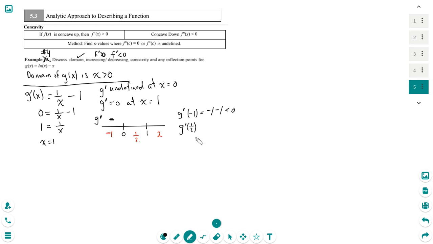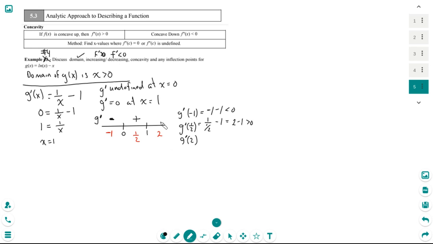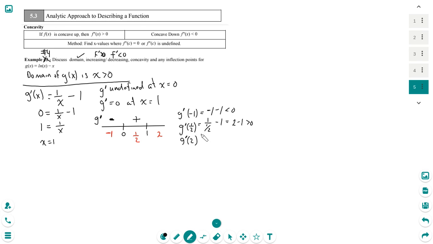That's going to be 1 over 1/2, and then minus 1, which is 2 minus 1, well, that's greater than 0. So positive here. And then g prime at x equals 2. So we're testing the right interval. That would give me 1 over 2, 1 over 2 minus 1, which is a negative number. So we went back to g prime being negative.